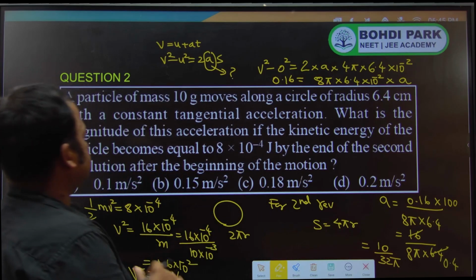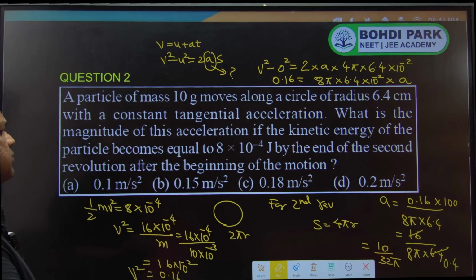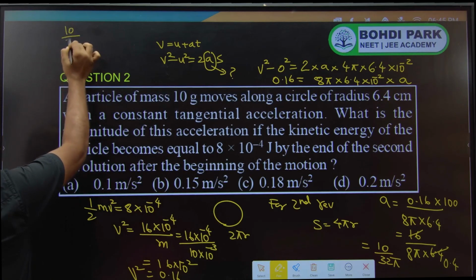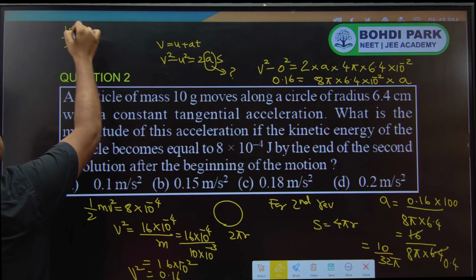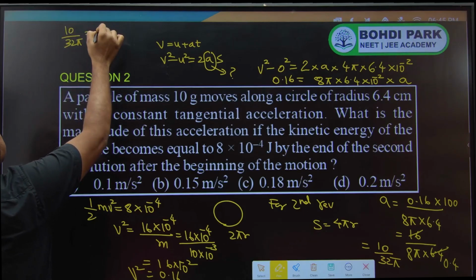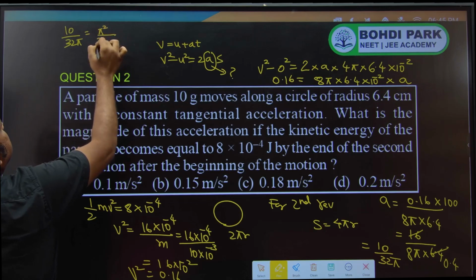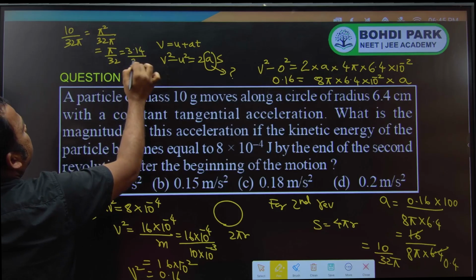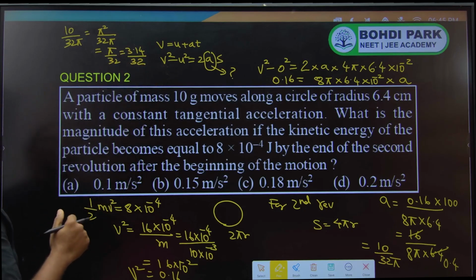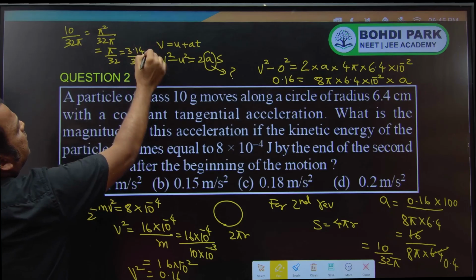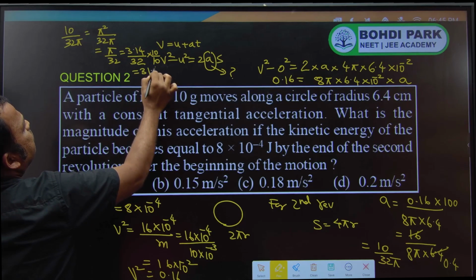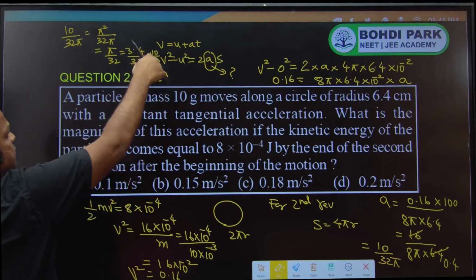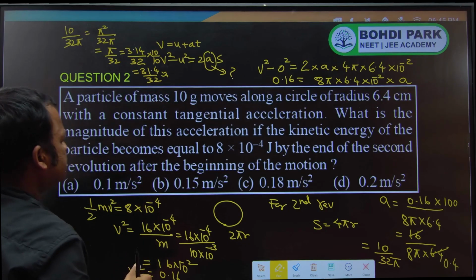We can find the approximate answer: 10 by pi, 10 can be written as approximately pi square, so pi by 32. So 3.14 divided by 32. If we multiply and divide by 10, we get 31.4 by 32, which is less than 1, then divided by 10 also, so less than 0.1. So approximately it is 0.1.